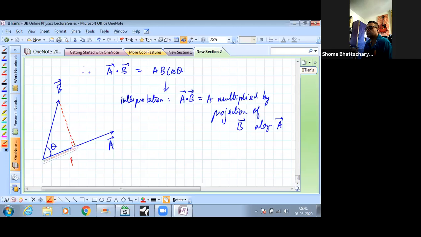This projection is B cos theta. So that becomes magnitude of A multiplied with magnitude of B cos theta.